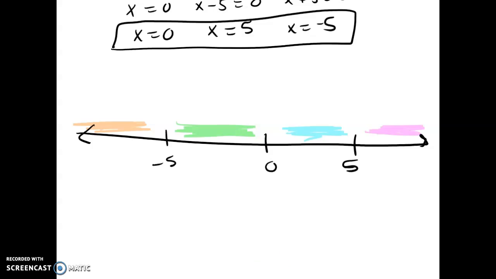And in each test interval, I'm going to choose an x value and evaluate whether I get a positive or negative number. So I want to pick values in between each interval. And what I'm going to do is make a little chart.